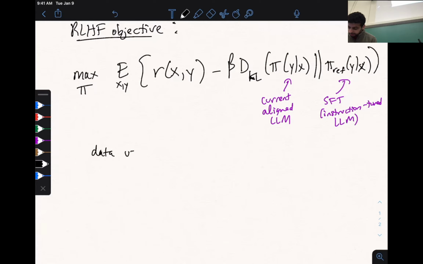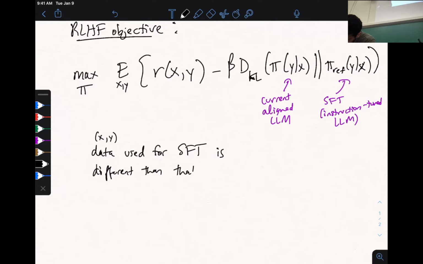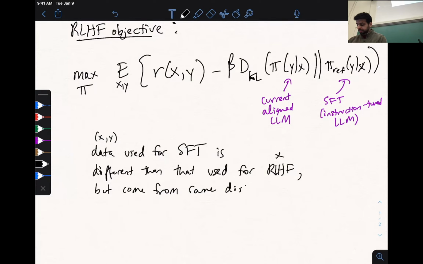Data used for SFT, and by data I mean the X, Y, is different than that used for RLHF. And here we're just using the X, not the XY pairs, but they come from the same distribution.